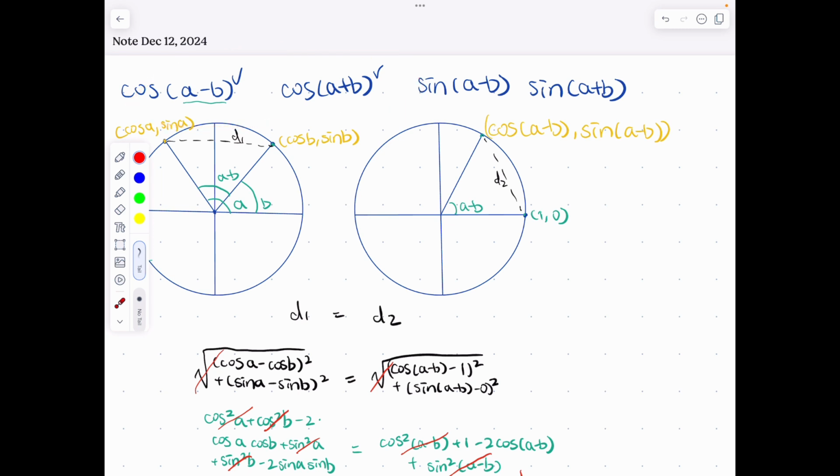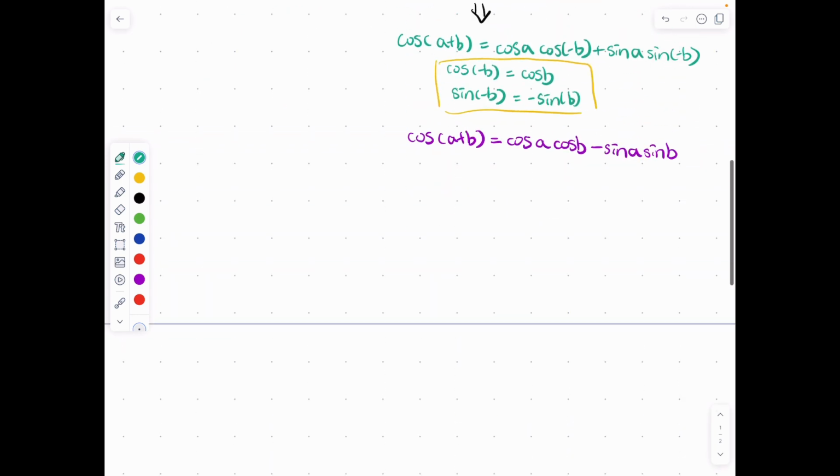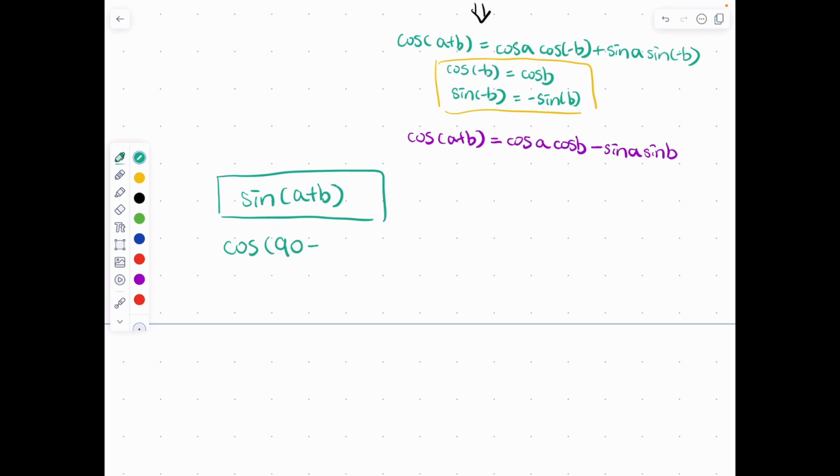We are going to prove sine of a minus b and sine of a plus b. So we'll start with sine of a plus b. So we're trying to find sine of a plus b. Let's consider this. What is cosine of 90 degrees minus a minus b equal to?